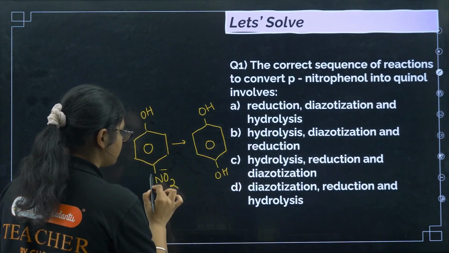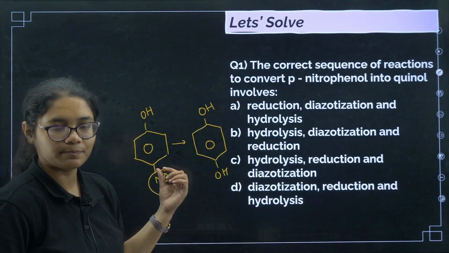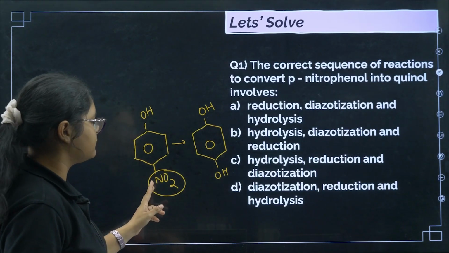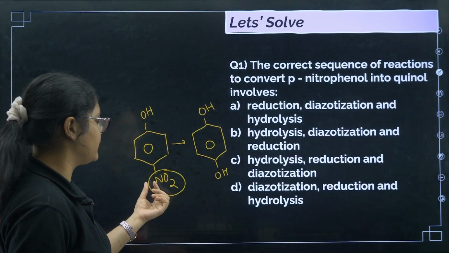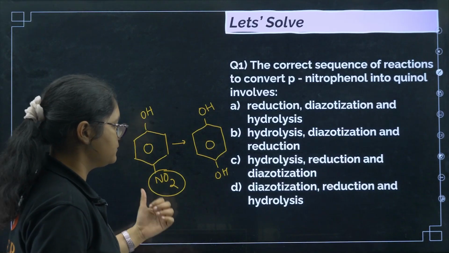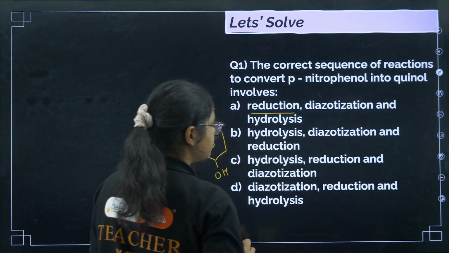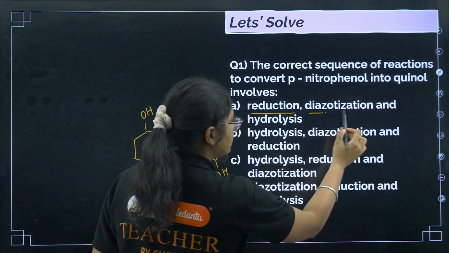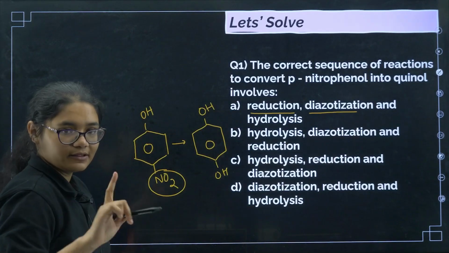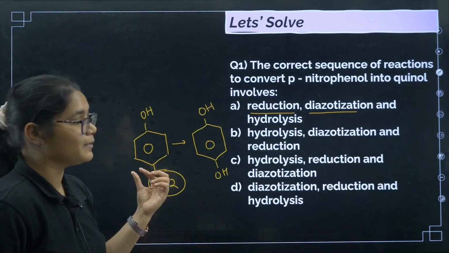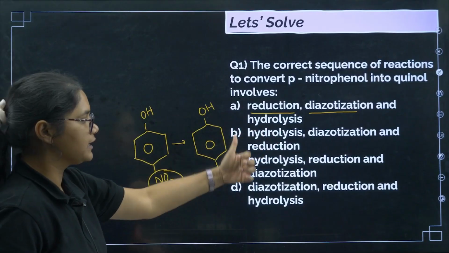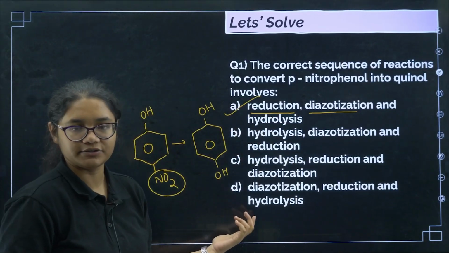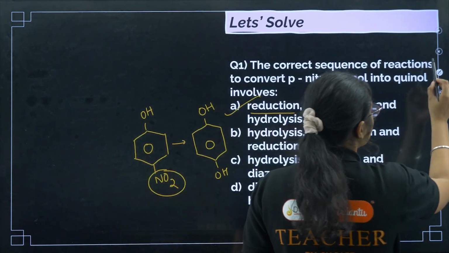So basically you have to convert this NO2 group to an OH group. That will happen if you have aniline here, right? So first I do reduction and we get NH2 here. After that, if I do diazotization, I will get N2 plus and Cl minus. After that, hydrolysis, meaning treating it with water, the OH group can be attached here. Very simple question, this one.